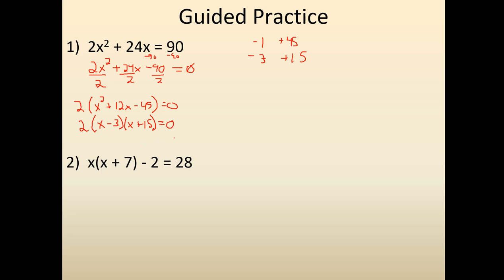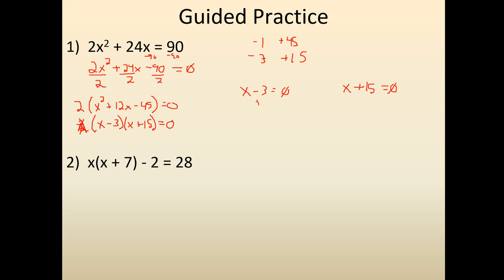Now, I would set all these equal to 0. Because this 2 is a constant term, I just pretty much drop it out. It doesn't mean anything. So what I care about is x minus 3 being equal to 0 and x plus 15 equal to 0.